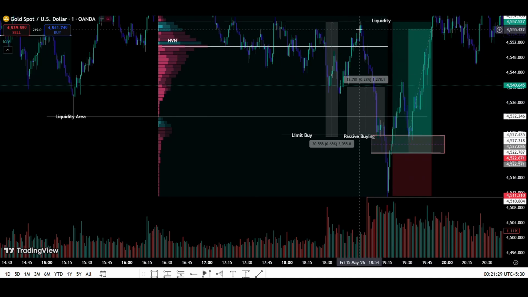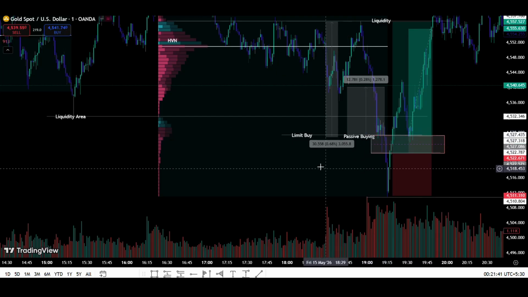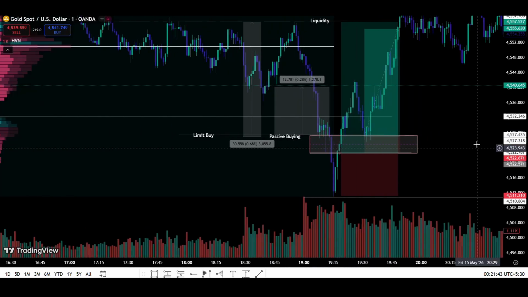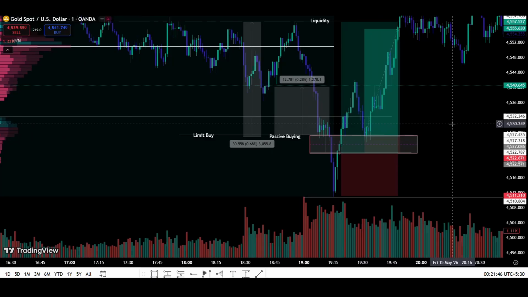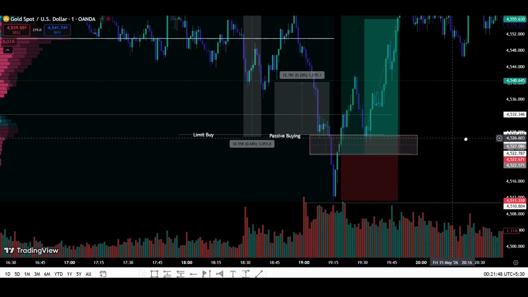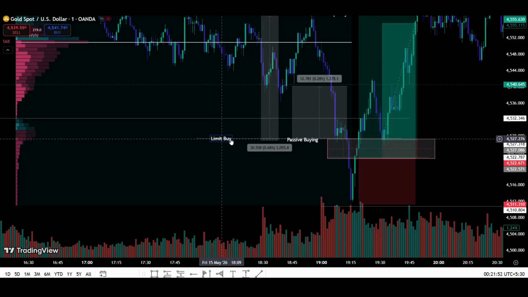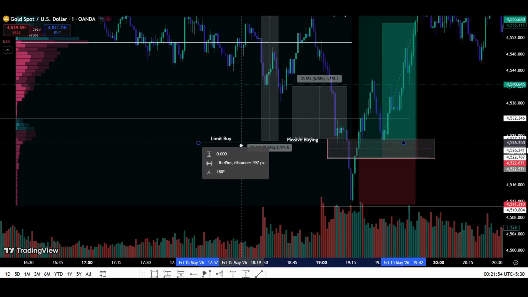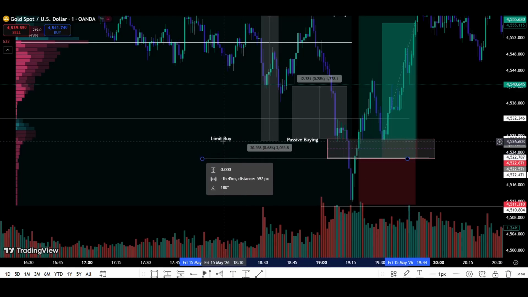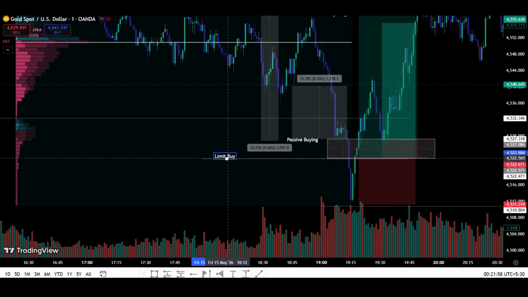The market has fallen till this point and taken all the liquidity, the passive buyers have stopped the fall, and then we are going to see how we can take the short reversal. Once the market has fallen and the liquidity has been taken, we will be looking at this area. This is the area where we are going to take a limit buy.